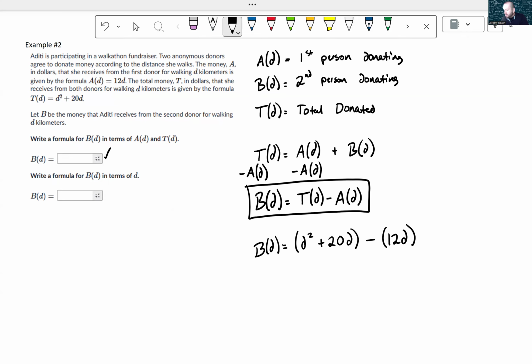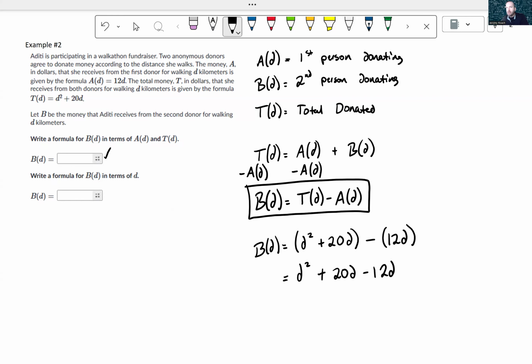If this was more than one term, we'd have to put it in parentheses so that the minus would distribute to both terms. But this is only one term, so we didn't really have to have parentheses, but it is good practice. So now we can drop the parentheses.